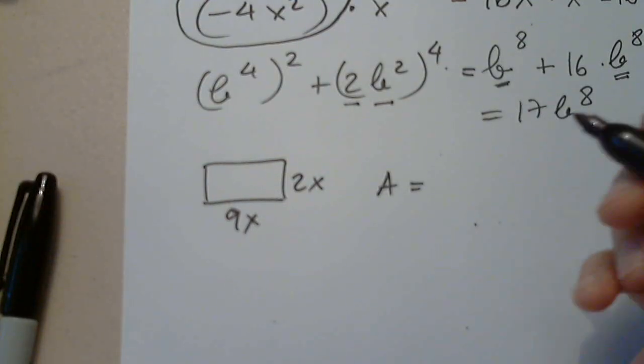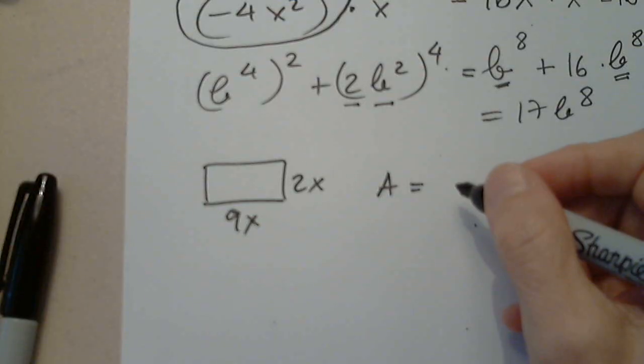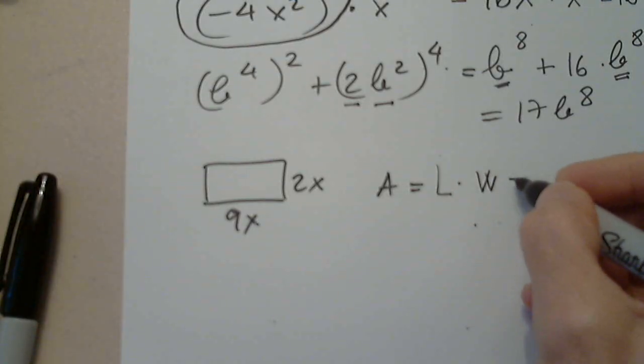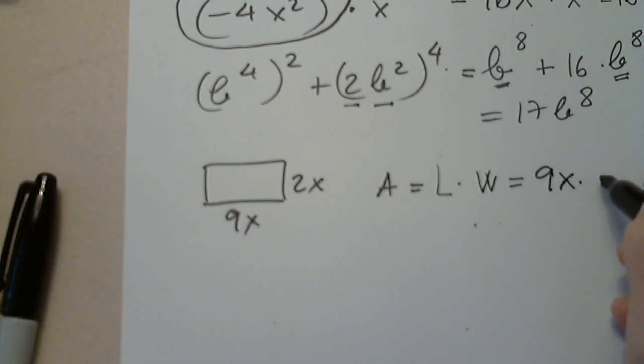We want to find the area of this rectangle. The formula is length times width. The length is 9x. The width is 2x.